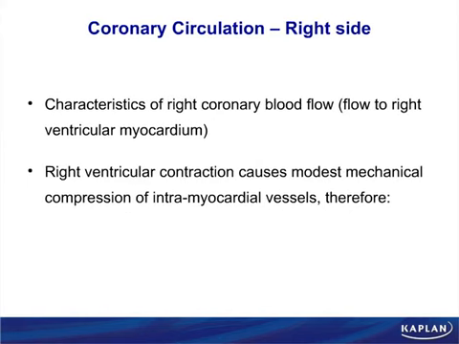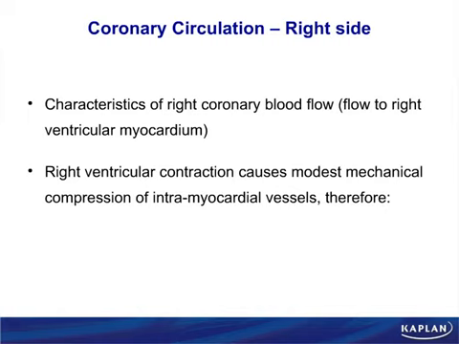Moving to the right side, the characteristics of right coronary blood flow. There will be ventricular contraction. Right side contracts just like the left, but this will only cause a modest mechanical compression. Nothing compared to the left ventricle. Remember, the right ventricular wall is not nearly as thick as the left.